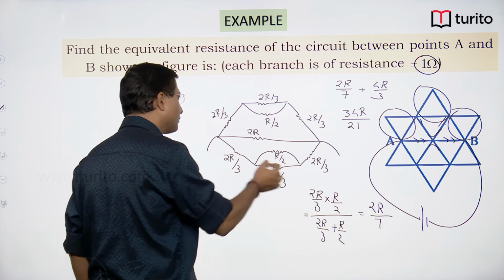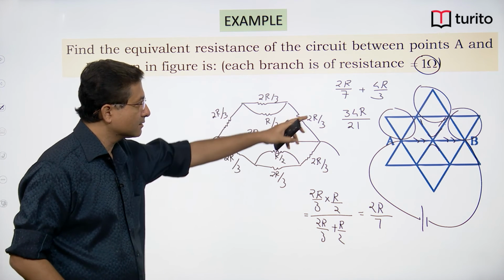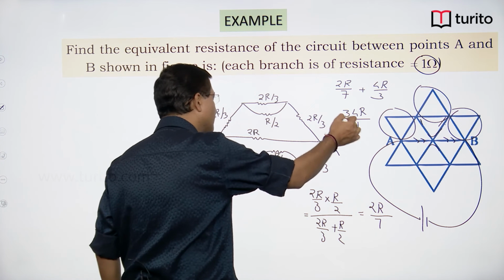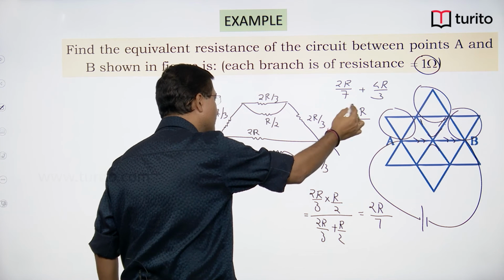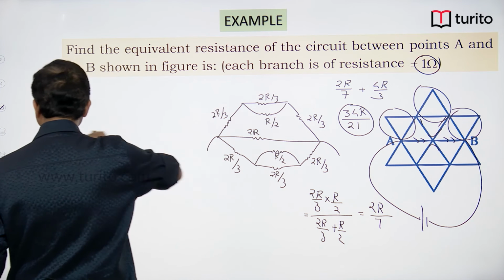Same you will get for the lower part. So, lower part this and this, that means it will be 17 divided by 21 here.